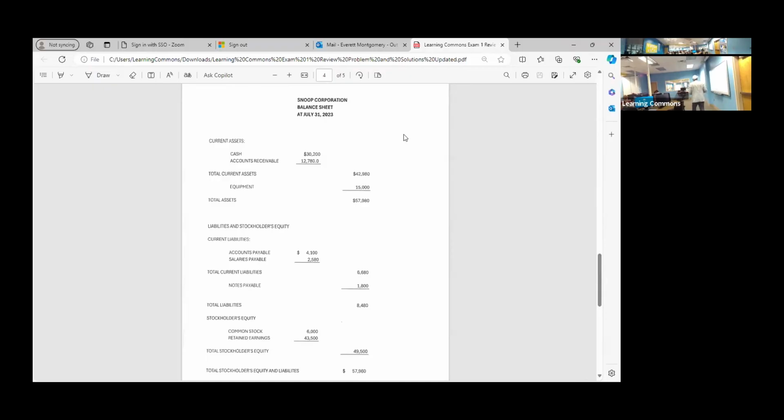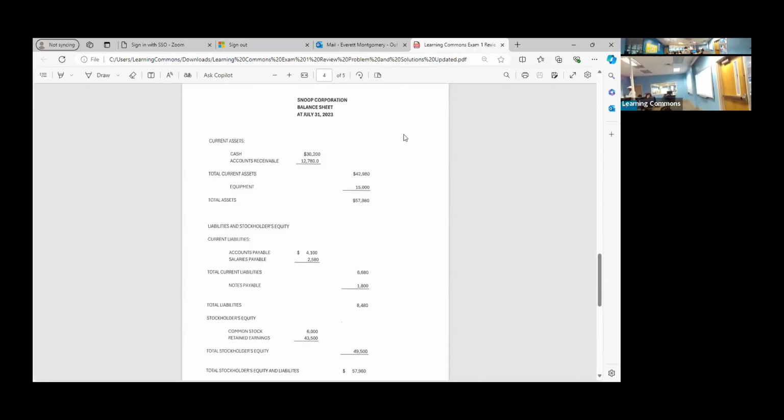So now we have current assets first. We have cash and accounts receivable, which are current assets. Your balance sheet arranges current assets in what's called liquidity order. Liquidity order says how fast I can turn this asset into cash. That's why cash is always first, and accounts receivable is always second because its liquidity is quick. Accounts receivable is what someone owes you.